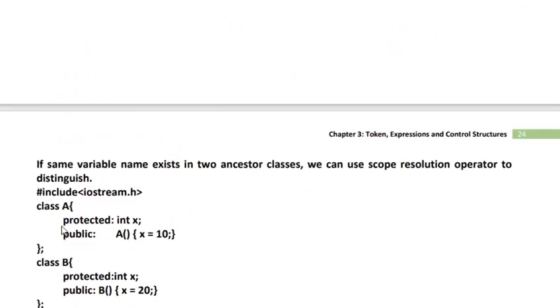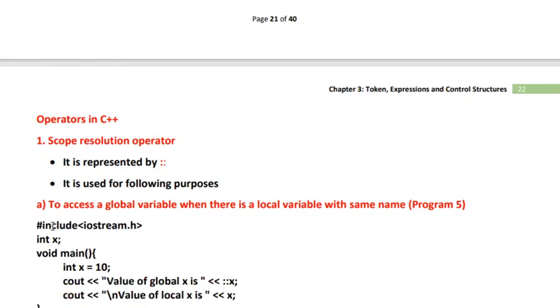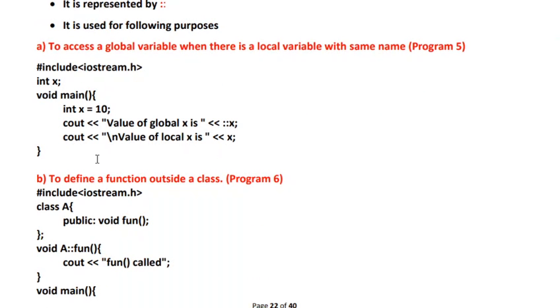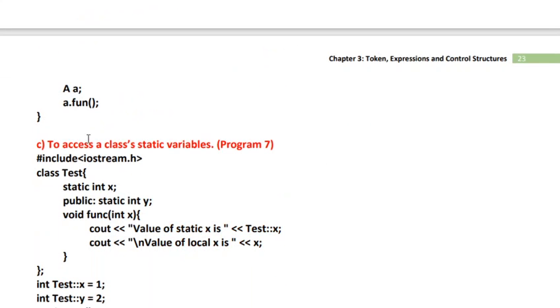So now we have learned about the different ways in which we can use the scope resolution operator. The first use is to access a global variable when there is a local variable by the same name. You can use it for defining a function outside the class. You can use it to access the static members of a particular class.